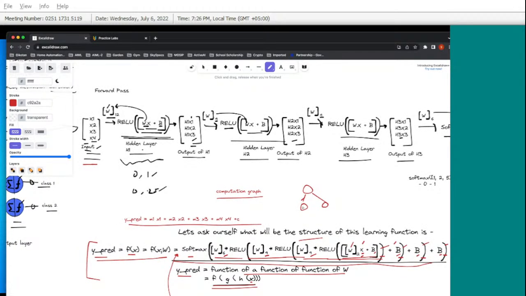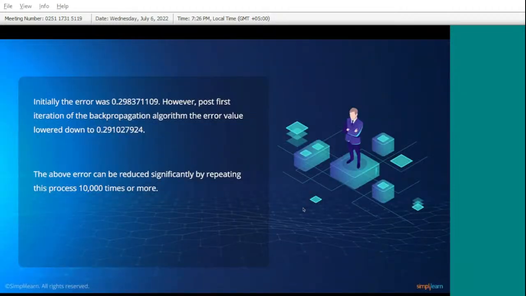TensorFlow provides you a graph internally, and this can be easily computed. That's why TensorFlow is such a powerful thing. You cannot do all this with if and else constructs; you need a computational graph to compute at this scale. And if you do this 10,000 times, you will reach somewhere else.